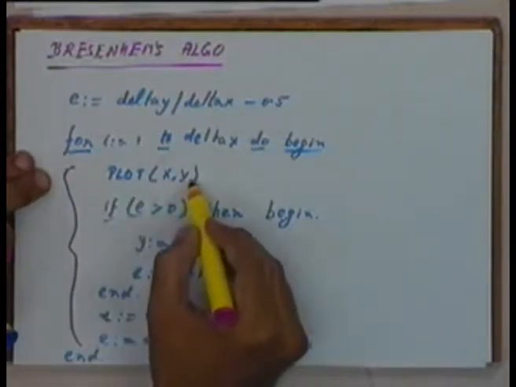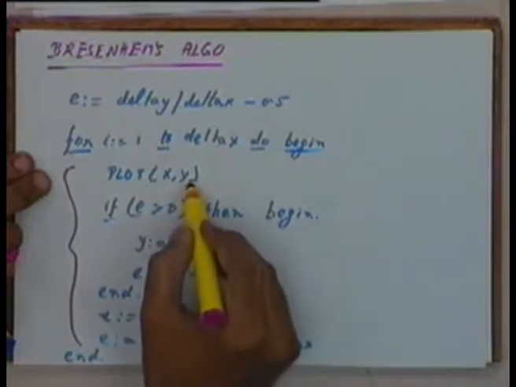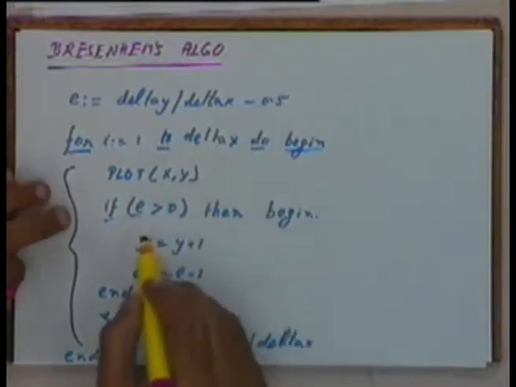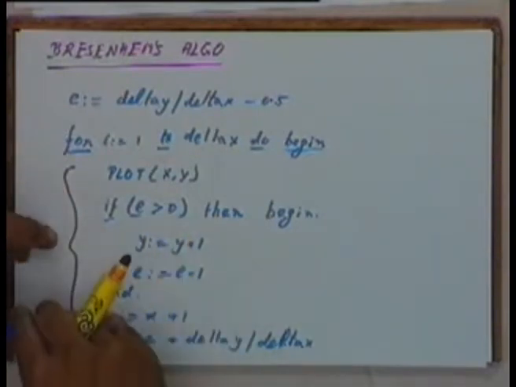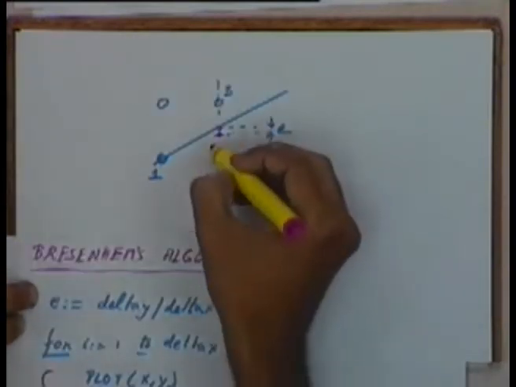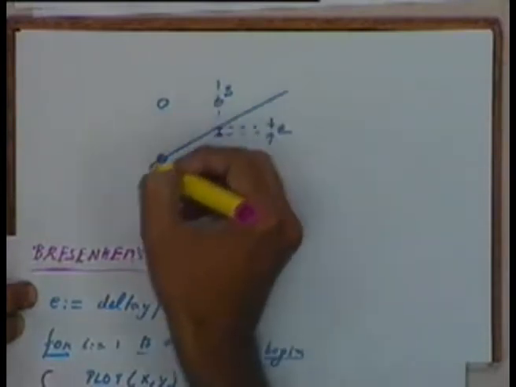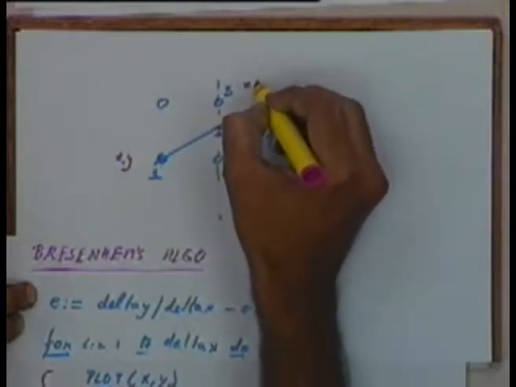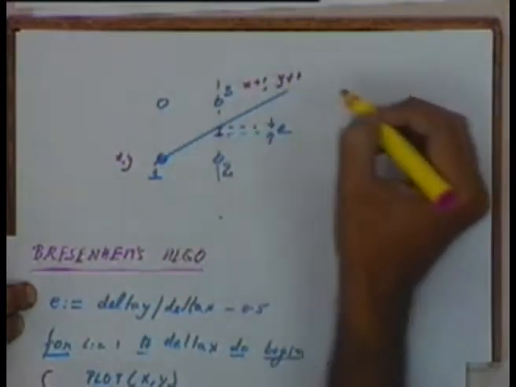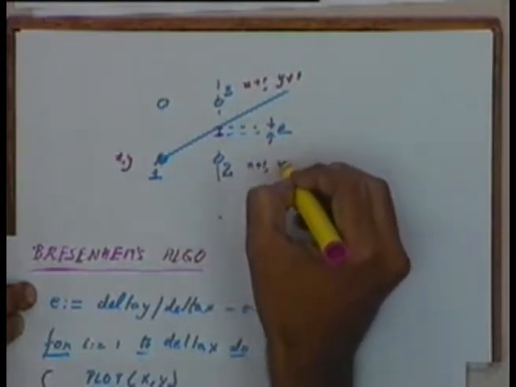We'll first plot the pixel xy. Then we'll say if E is greater than 0, then the next pixel to be displayed is the pixel number 3. If pixel number 1 is xy, pixel number 3 is x plus 1, y plus 1. And pixel number 2 would be x plus 1 and y.